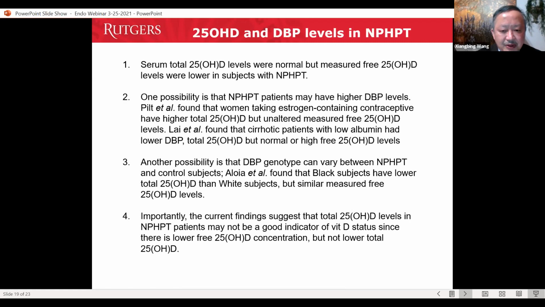Importantly, we suggest the total vitamin D level in normocalcemic hypoparathyroidism may not be a good indicator of vitamin D status in this kind of patient. And we suggest at least part of normocalcemic hypoparathyroidism is not primary hypoparathyroidism, but maybe secondary hypoparathyroidism due to vitamin D deficiency or insufficiency.